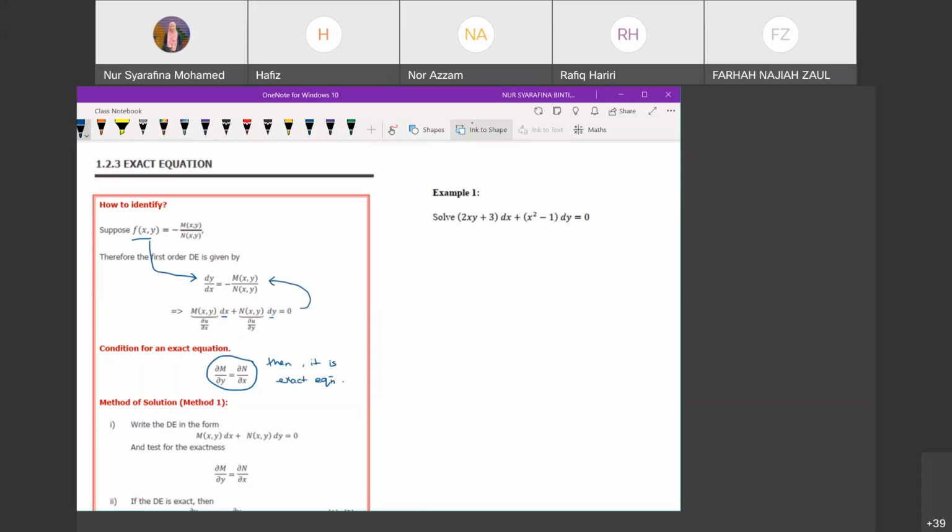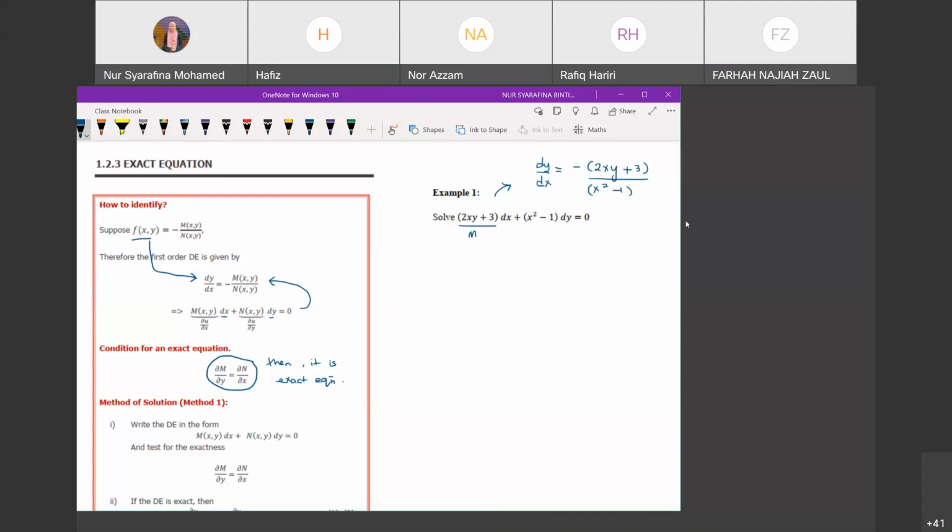Okay, so initially this dy dx, if we can write this expression in terms of a fraction, we can write it as negative M over N, right?